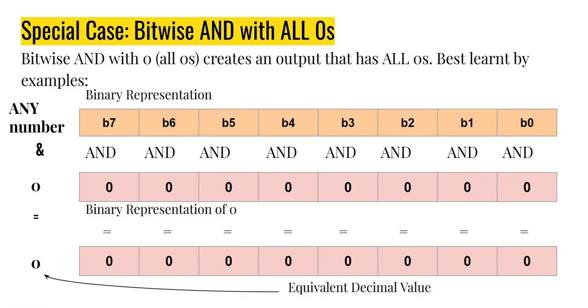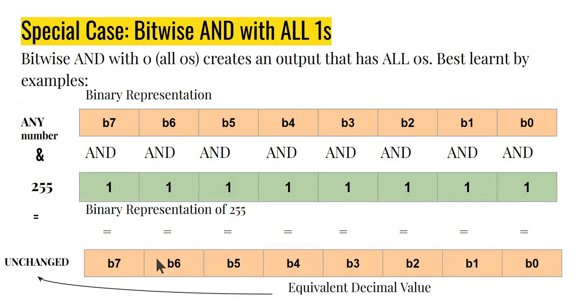So I have any number. Remember, when I do a bitwise operation, the number gets converted to its binary representation. So it could be anything, B7 until B0, a combination of zeros and ones. But I am doing an AND with a 0, which means an AND with all zeros. No matter what I have on these bit values, the result will be a 0.